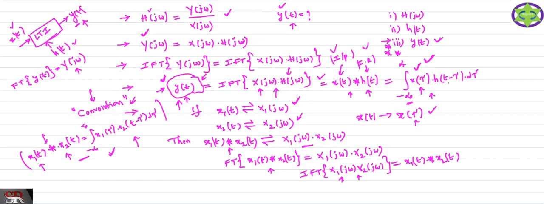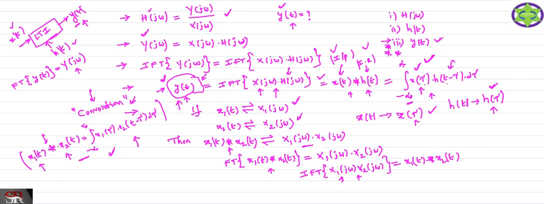Now how can we get h of t minus tau? You perform the shifting operation for h of t. You replace t by a dummy variable tau, then perform the time shifting operation on h of tau, so that you get h of t minus tau.